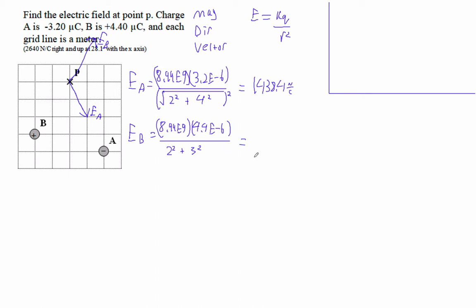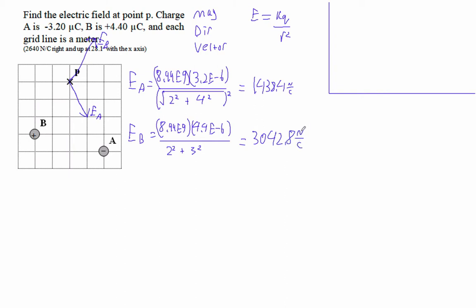Okay, so alpha F1, enter 8.99E9 times 4.4E minus 6 over 2 squared plus 3 squared. And I'm getting 3042.8, roughly, right? Newtons per Coulomb.